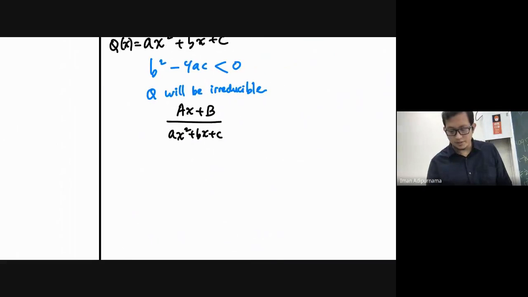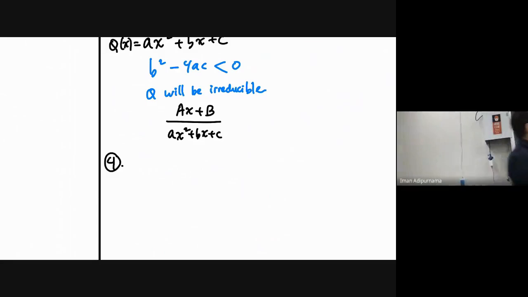The fourth case is when you have irreducible factors, but they can be repeated.